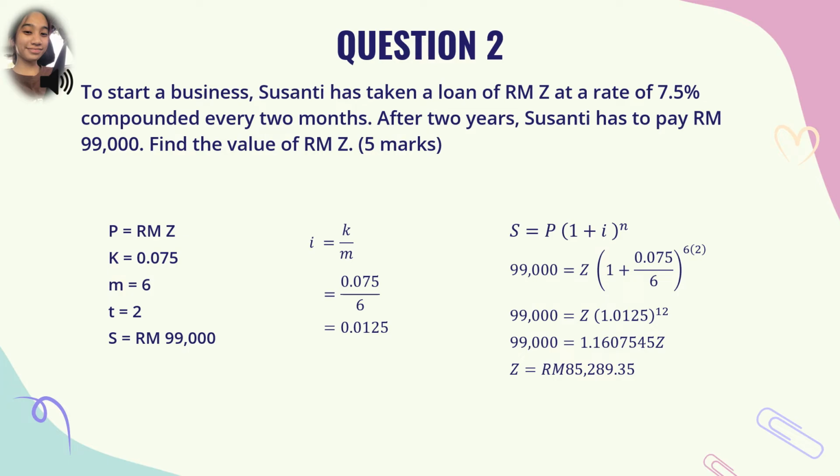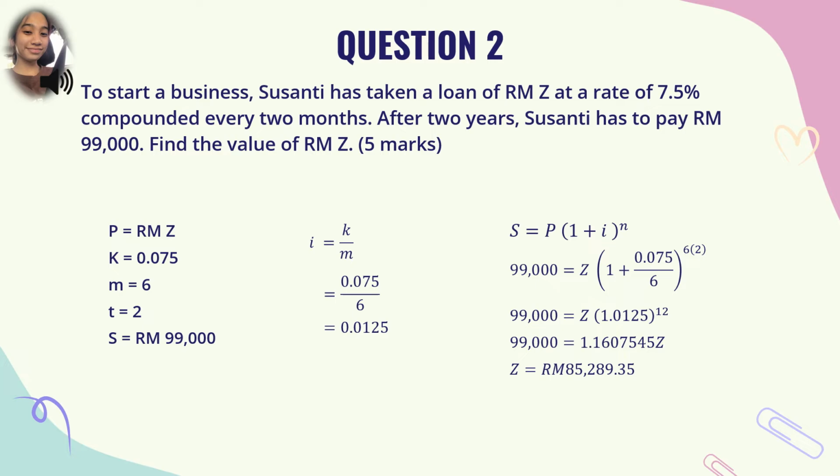0.0125. Moving on, we use the S equals P in bracket 1 plus I power n formula to find P, which is Z. So the S is 99,000 and the P we change into Z. And then in bracket 1 plus 0.075 over 6, which is the I, to the power of 6 in bracket 2.